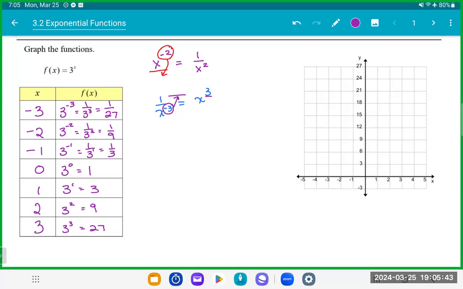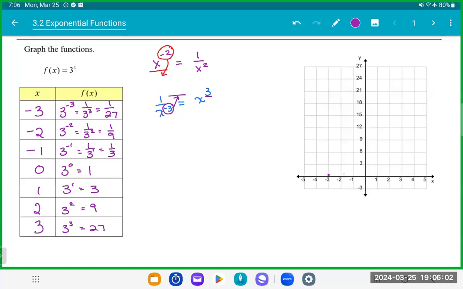Okay, so now let's just plot this graph over here. So -3 is 1/27. So it's really, really small. Notice that on this scale, my y is going in increments of 3.